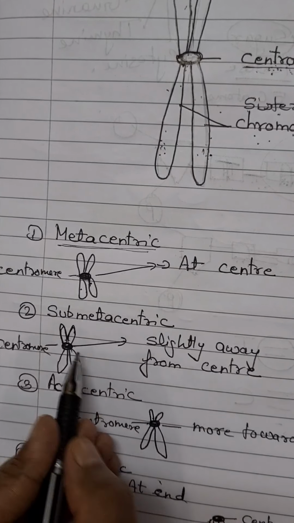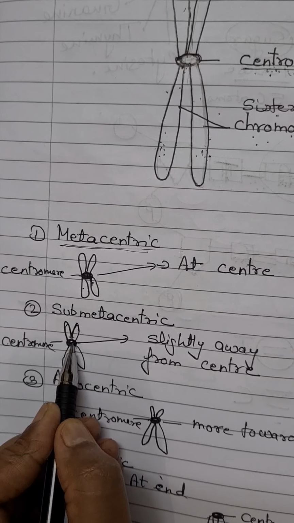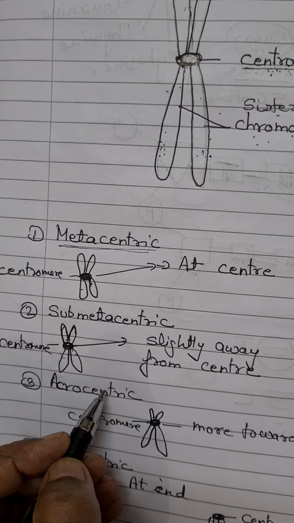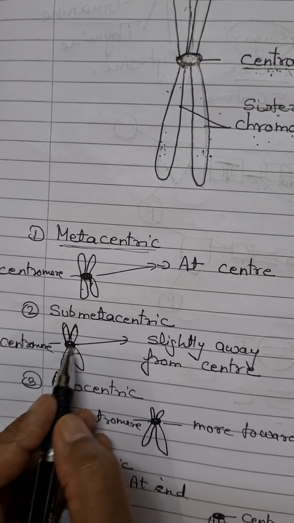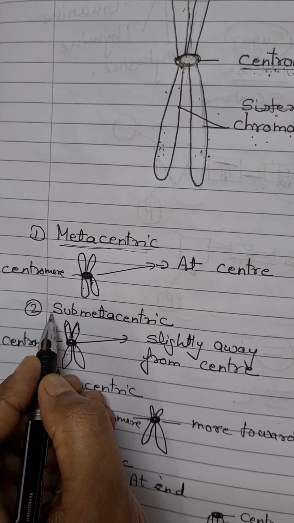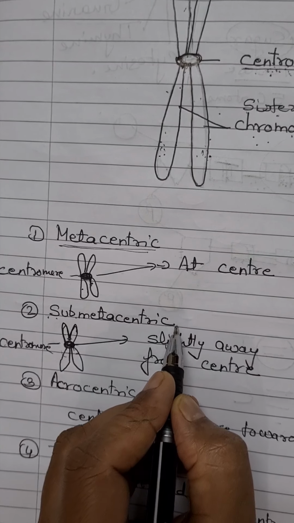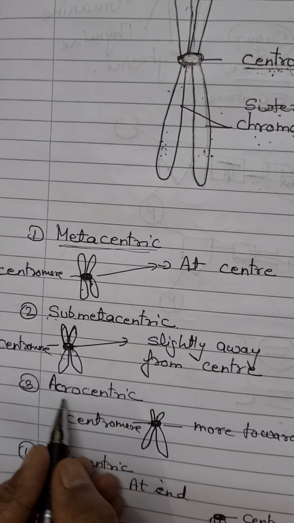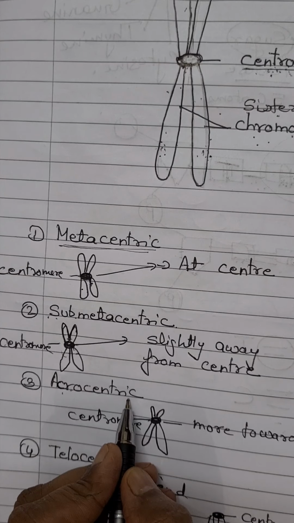And if the centromere is present slightly away from the center, not exactly at the center, then the chromosomes are called submetacentric. Now the next are acrocentric.